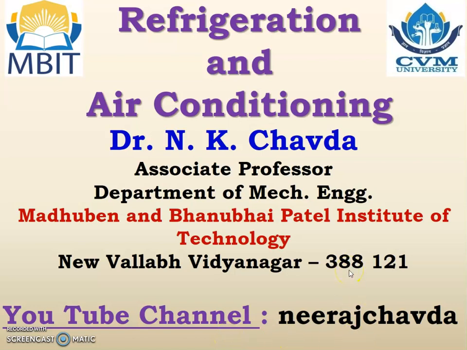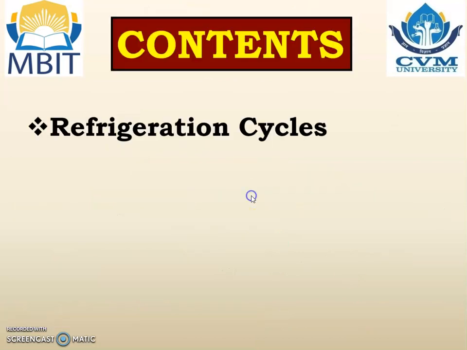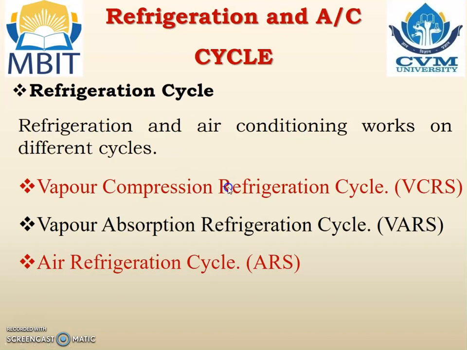In today's lecture, we are going to study about refrigeration cycles. Refrigeration and air conditioning work on different cycles. As we have studied, heat engines also work on different cycles such as the Carnot cycle, Rankine cycle, Otto cycle, and diesel cycle.